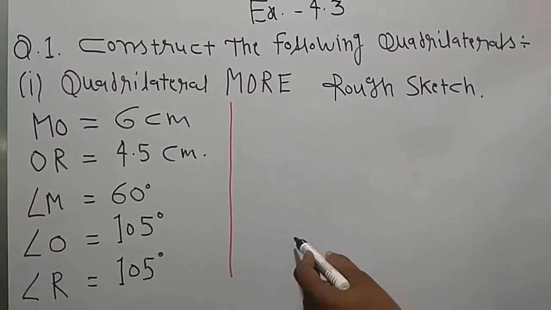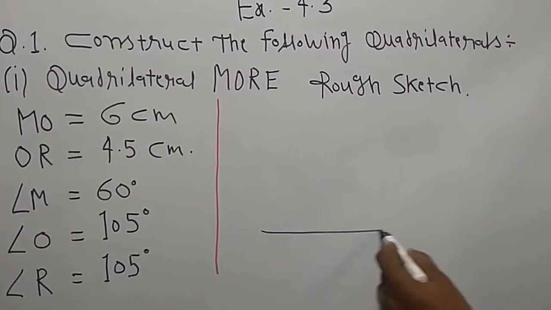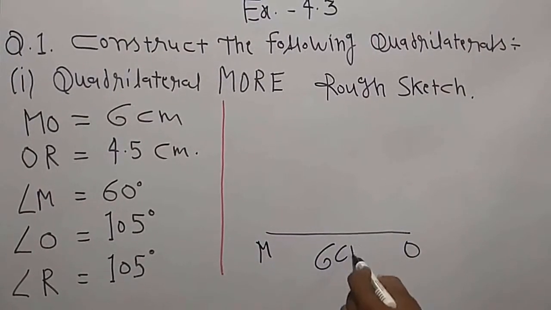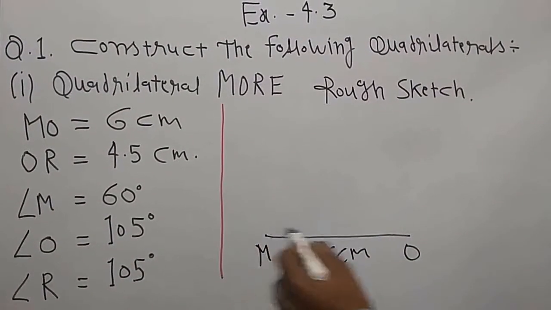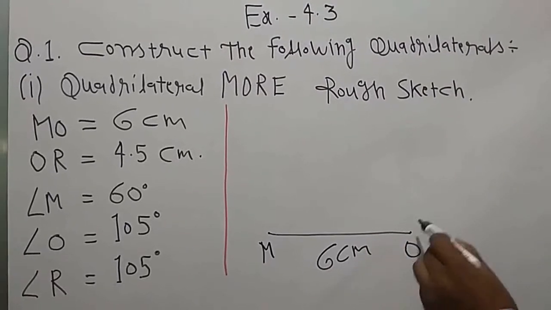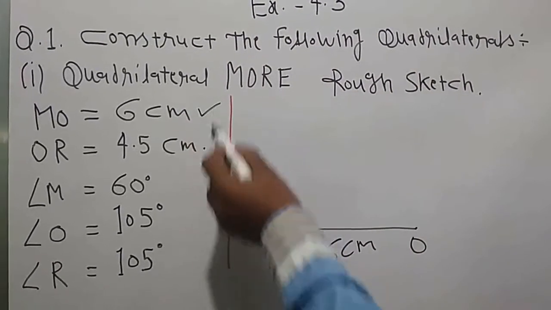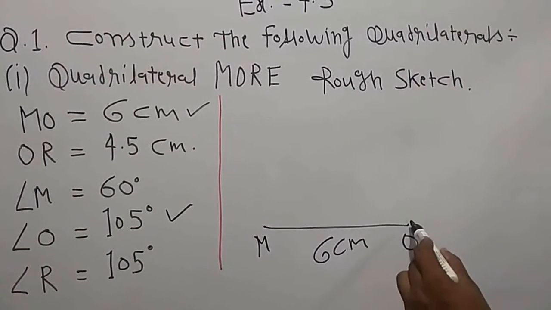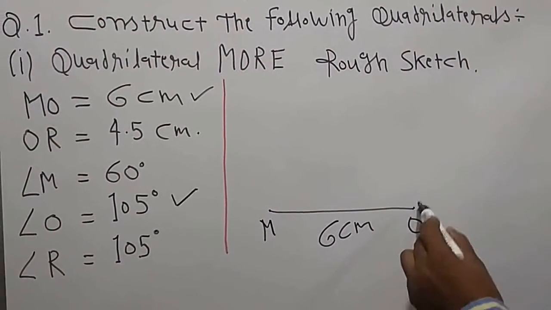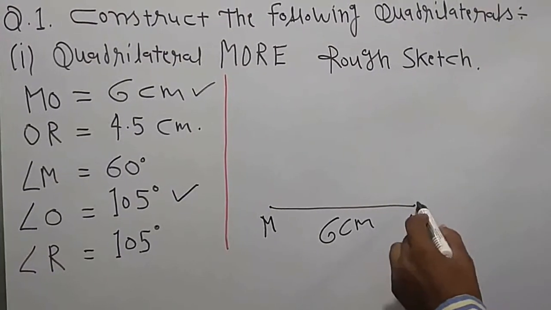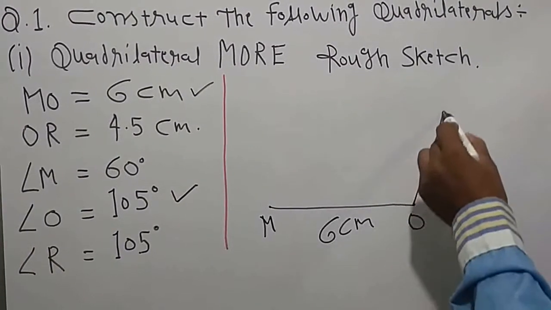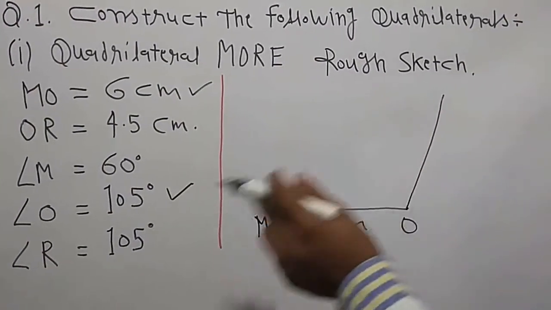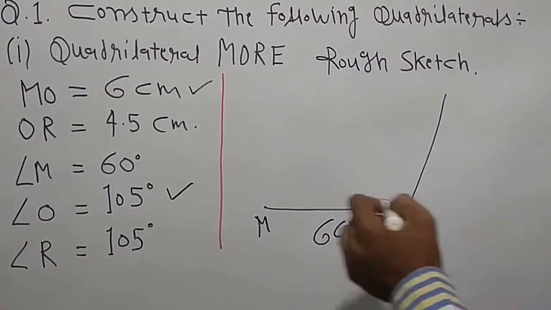We draw MO equal to 6 centimeter. This is our M, this is O. From this point O, we are going to draw angle O equal to 105 degree. This is the O line.